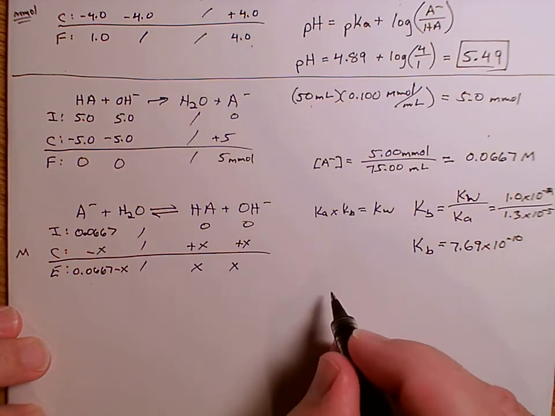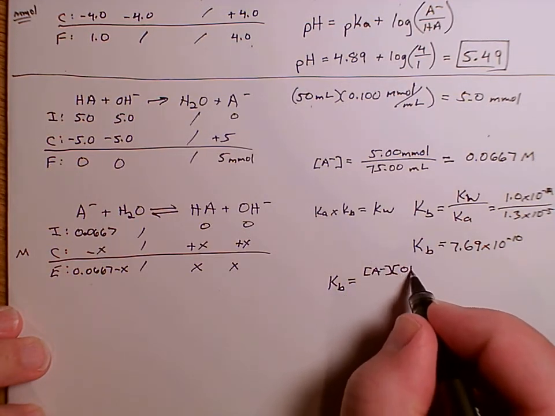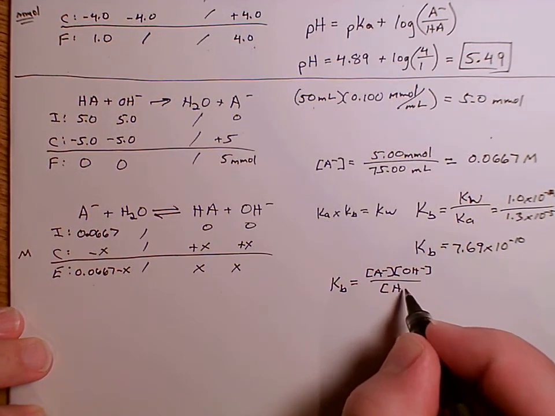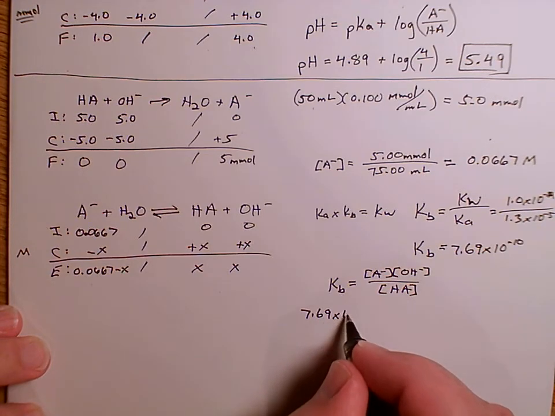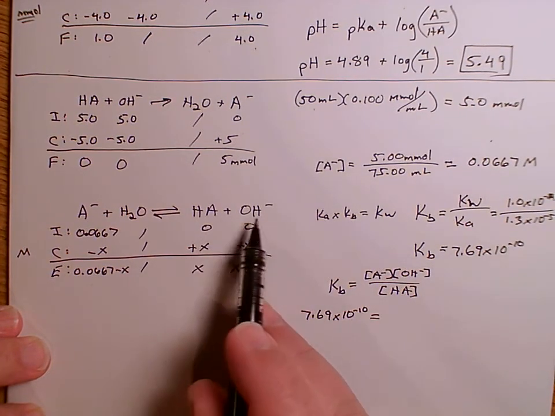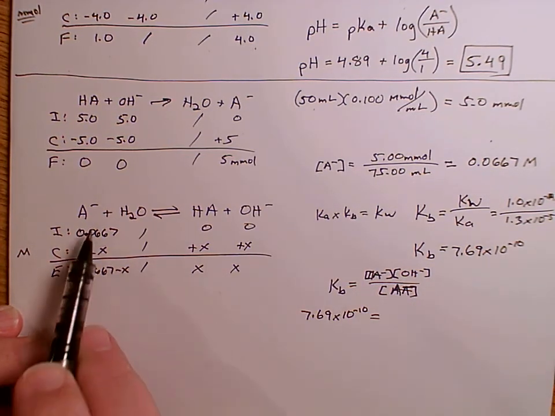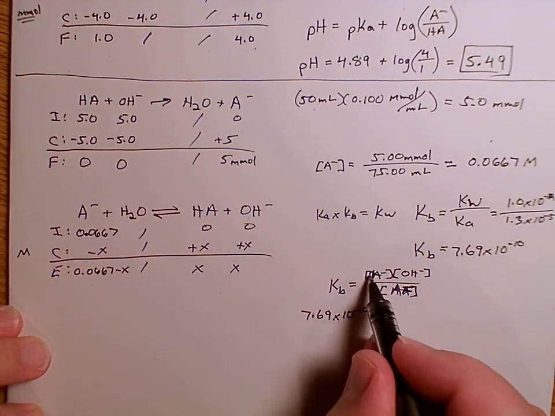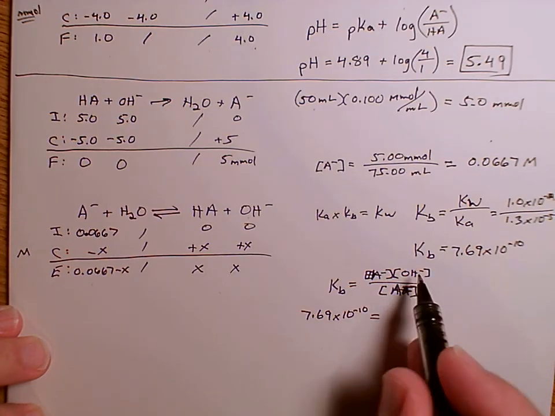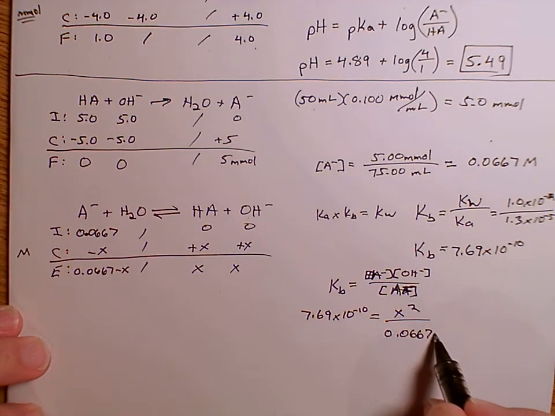So now I plug that in because Kb will equal the concentration of HA times concentration of OH minus divided by the concentration of A minus. So 7.69 times 10 to the minus 10 equals, well, HA is X, OH minus is X, so that is X squared over 0.0667 minus X. Can we get rid of this minus X?